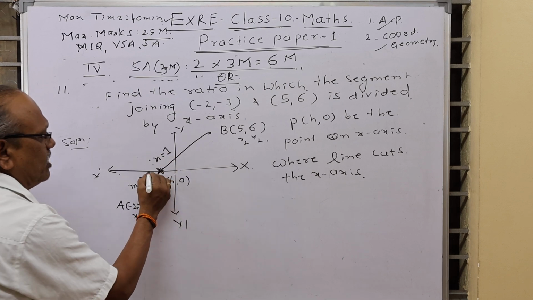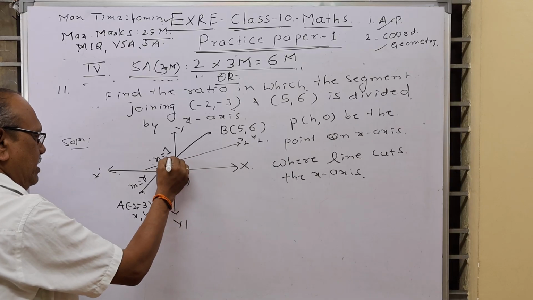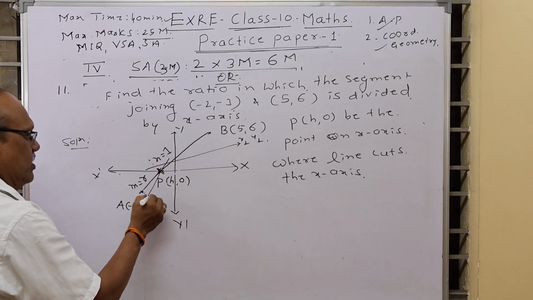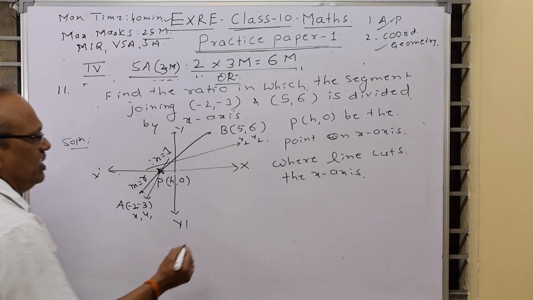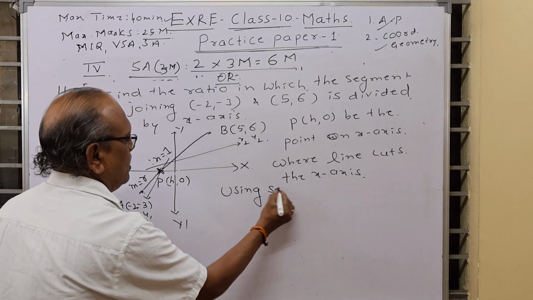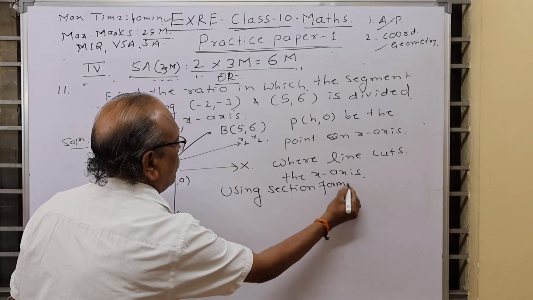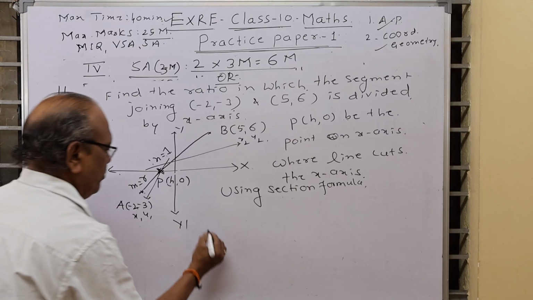And once again use the formula (mx2 + nx1) by (m + n), by using the crossing method. You can write using the section formula. We'll directly apply this. Already you are perfect with it.